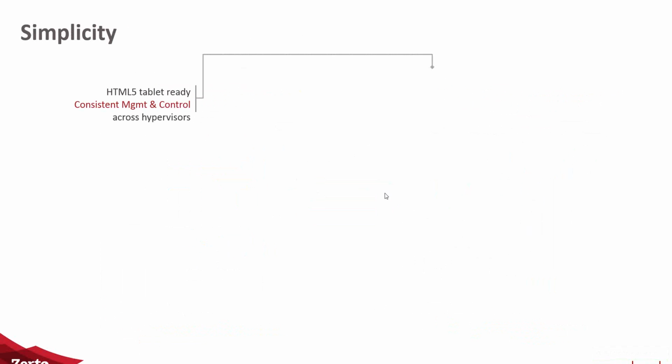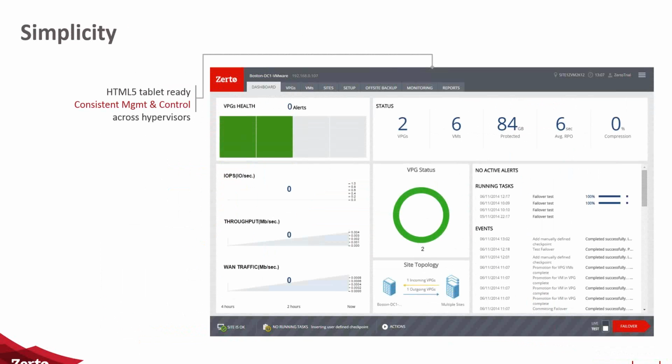In terms of simplicity, Zerto is managed from the single interface that you can see here, and it's the same interface irrespective of the underlying hypervisor being VMware, Hyper-V, or AWS, giving you consistent management and control across your hypervisors. It's simple to manage because you're just selecting the virtual machines that you want to replicate and protect, because it's hypervisor integrated.